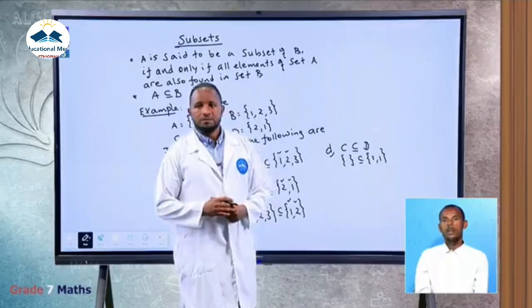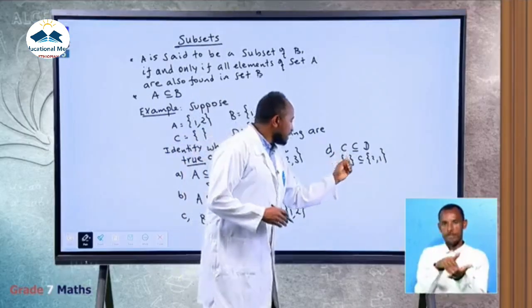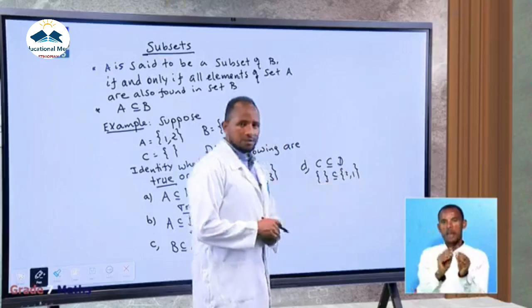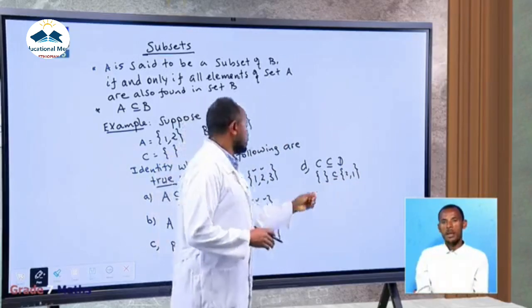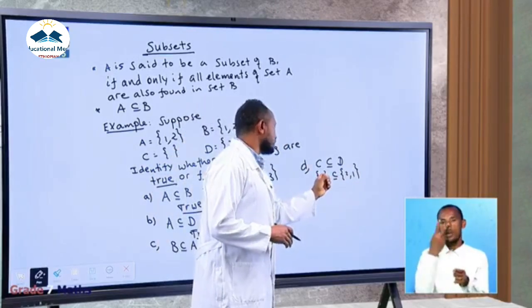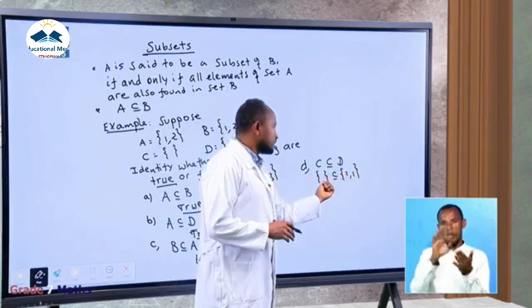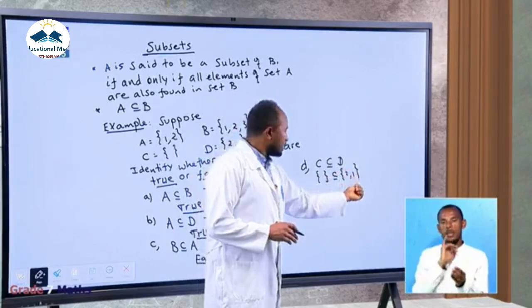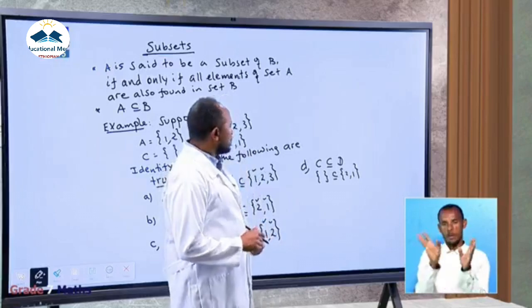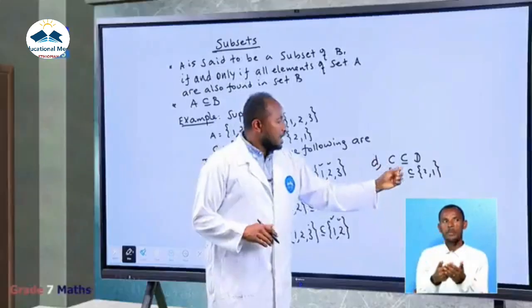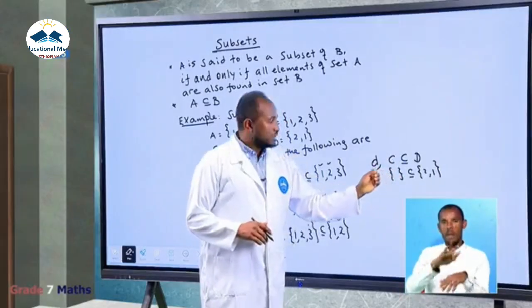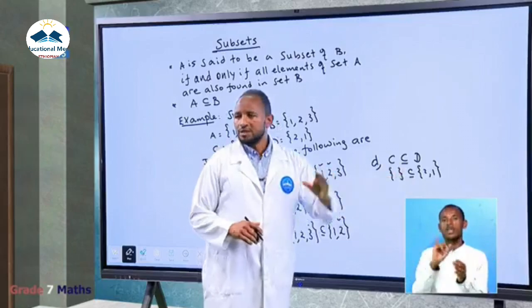I'll repeat this statement again. Is there any element here which is not found there? When we check, there is no number which is not found there. So the empty set is a subset of the second set. And we conclude the empty set is a subset of any set.